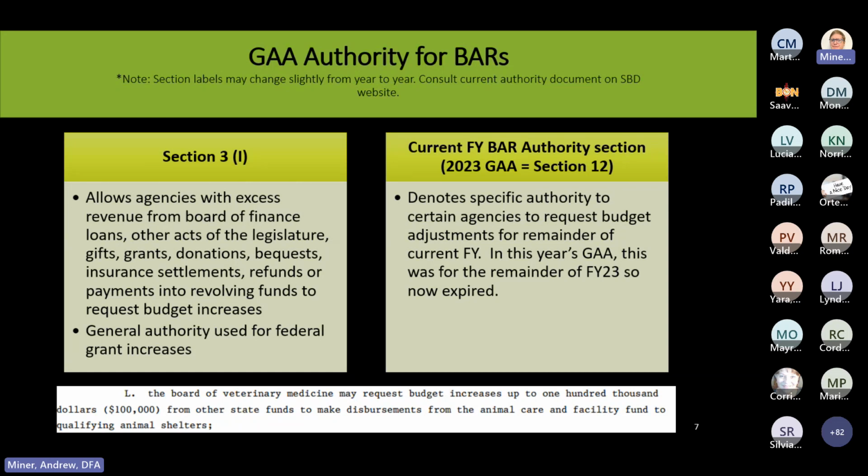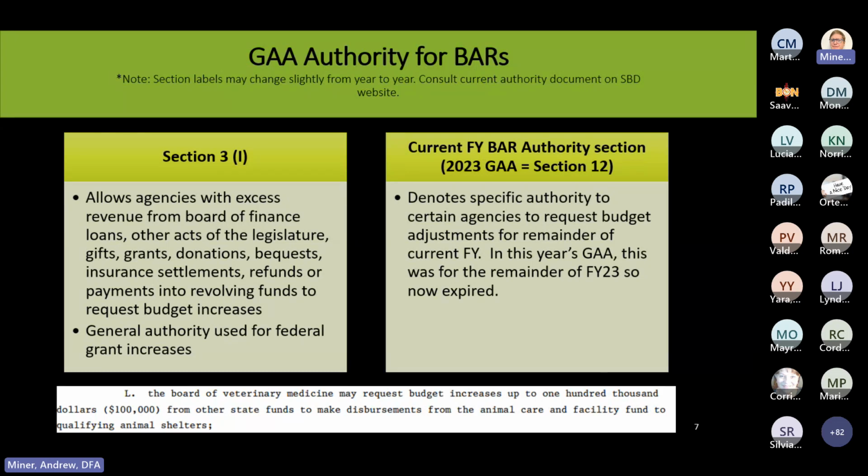This is most commonly used as the authority for federal grant increases, thanks to that word "grants." You can also use it if you have a grant from somewhere else, like a nonprofit organization, and that also covers it.